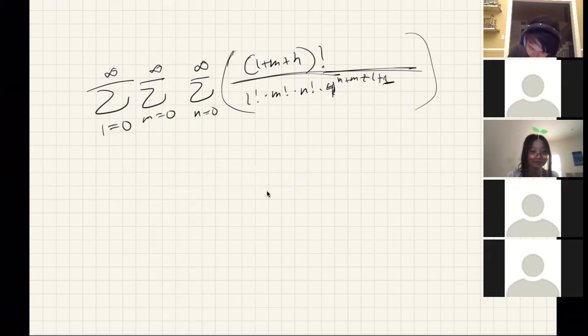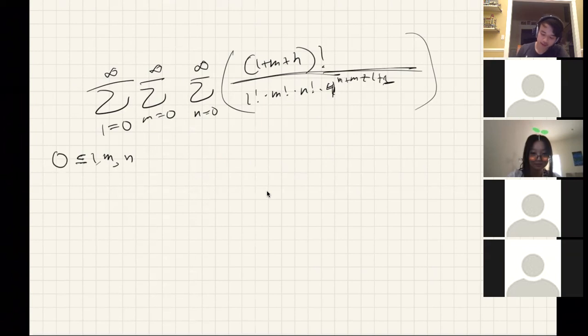You're summing this quantity over all integers L, M, and N that are non-negative, so greater than or equal to 0.